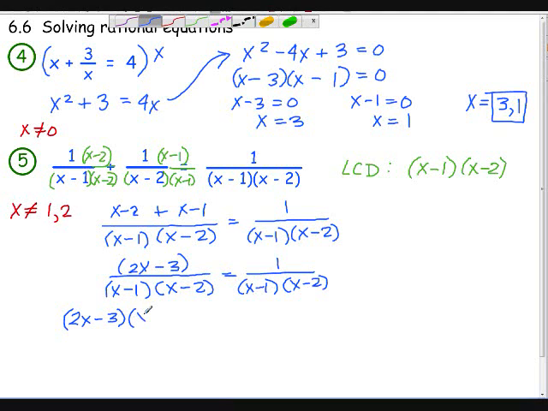Let's do that. x squared, and then I'll have outside minus 2x, inside minus 1x, so minus 3x plus 2. So that was cross multiplying here and here, and that's all going to be equal to x squared minus 3x plus 2.